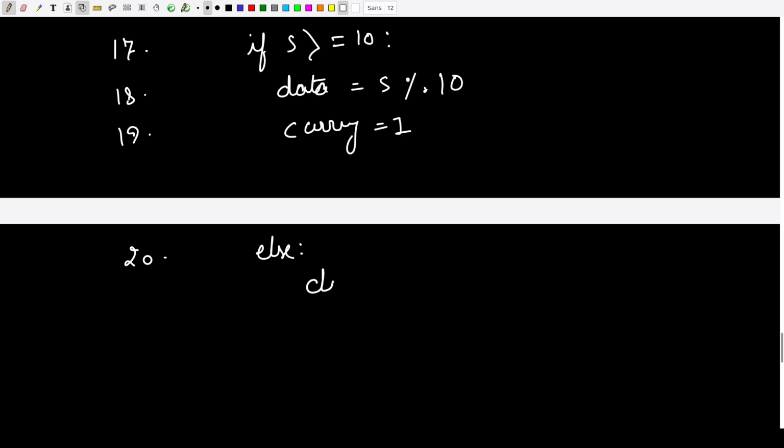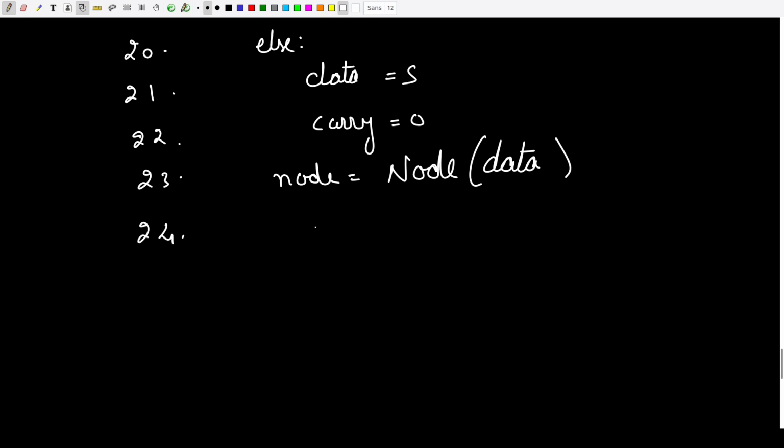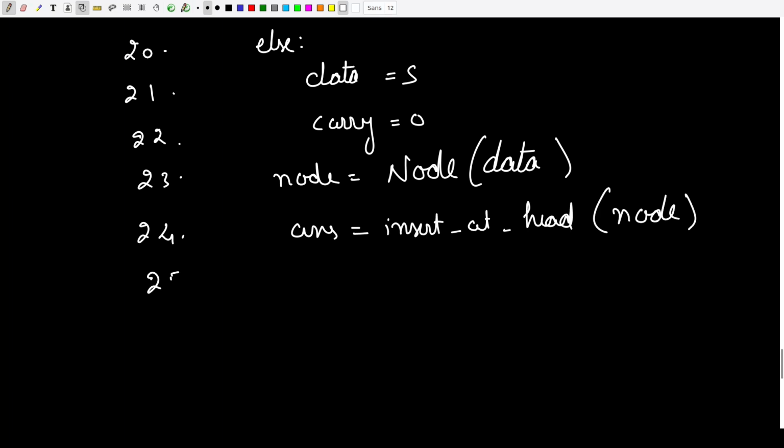Otherwise, data is equal to s and carry equals 0, and then we'll get a node. So node is equal to Node(data), and we will insert this node at the beginning of the linked list. So let us do that. Answer is equal to insert at head, and node is what we want to insert.